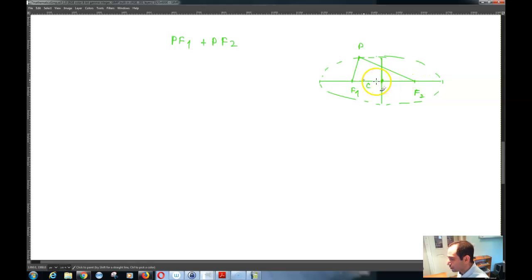So if I take this distance as C, this distance is also going to be C. That means the distance between F1 and F2 is going to be 2 times C. F1F2 is equal to 2C, and this distance over here is always going to be greater than 2C.